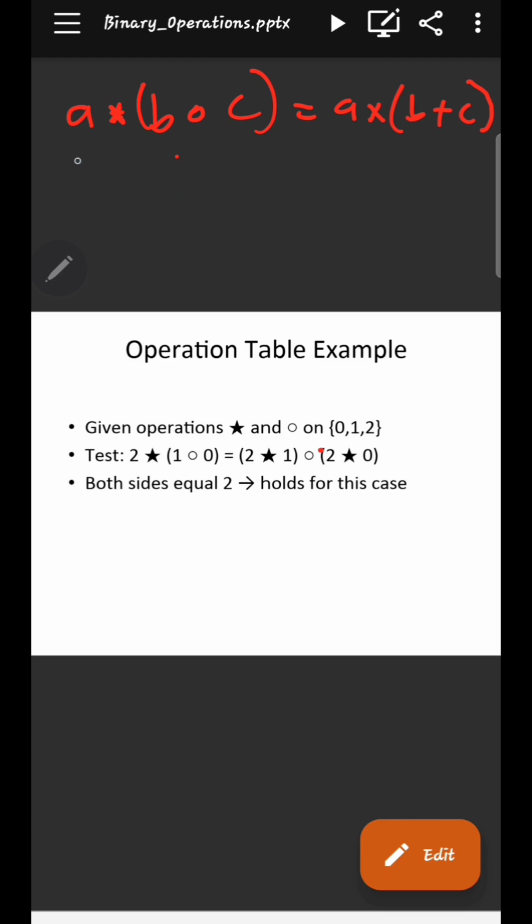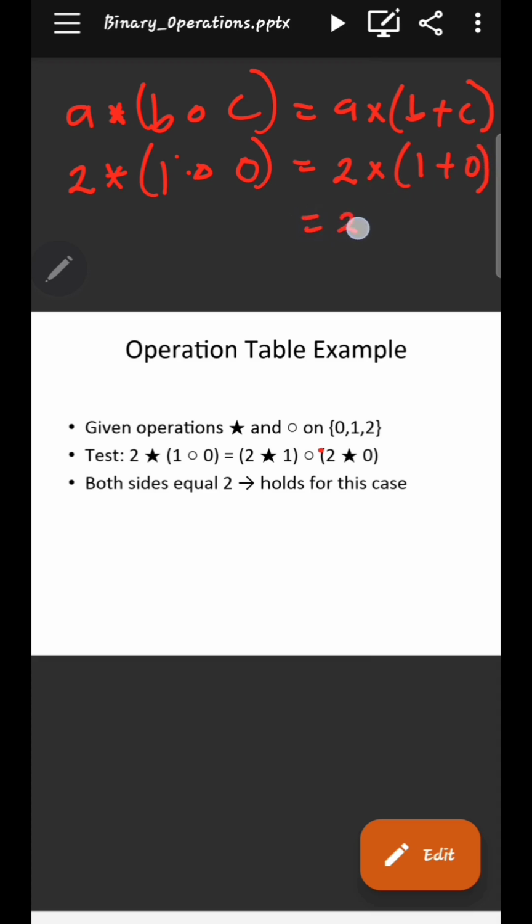Now let's apply this to real numbers. So if this is 2 operation 1 operation 0, it is supposed to give us 2 multiplied by 1 plus 0. 1 plus 0 gives us 1.